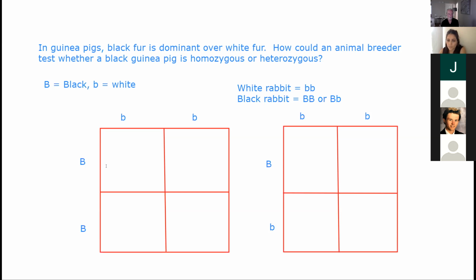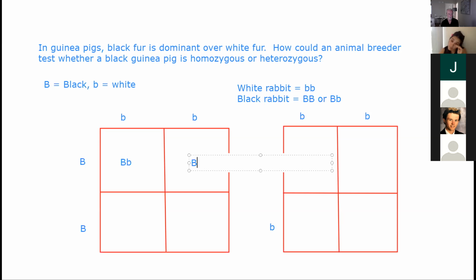So this is just simple, like almost math. What do I get if I have a big B in here and a little b? What kind of rabbit is that? A black rabbit. Excellent. What am I going to get in this box if I take big B over here and bring little b down?